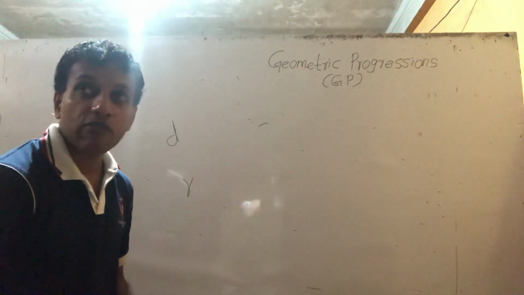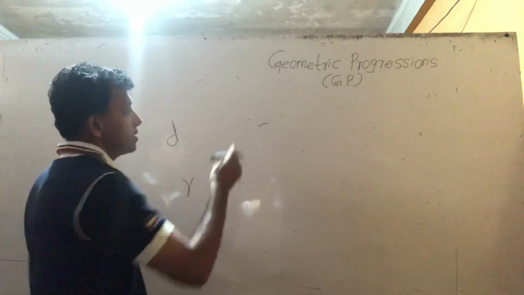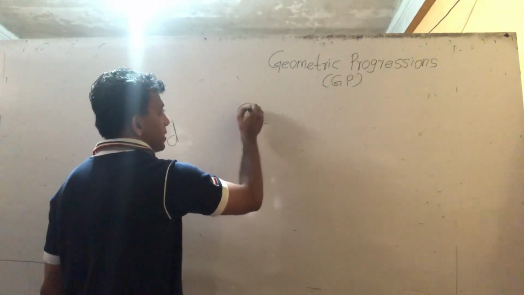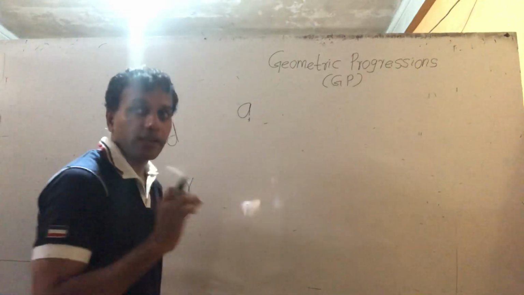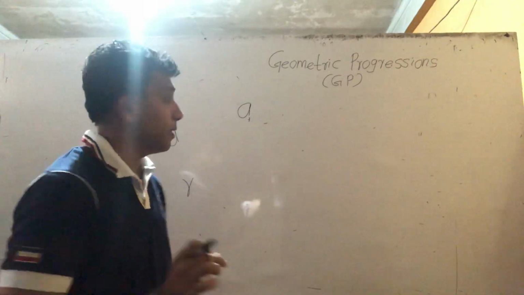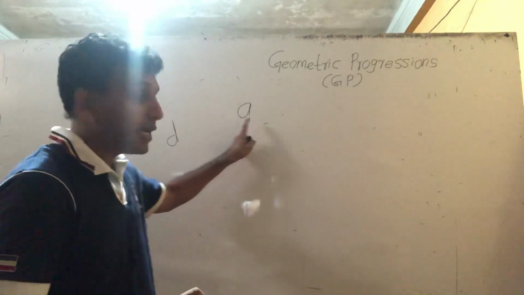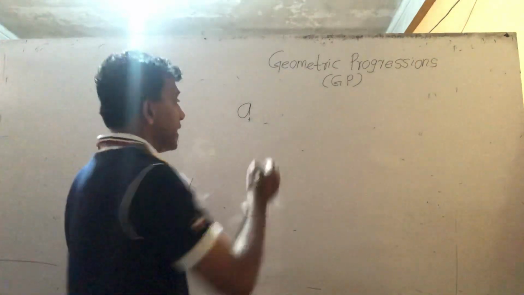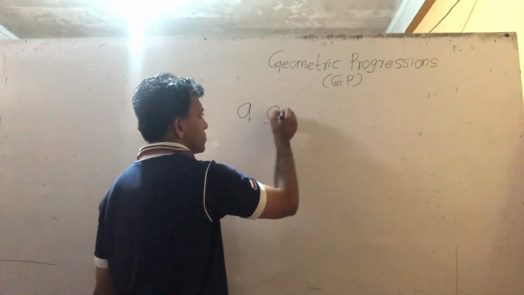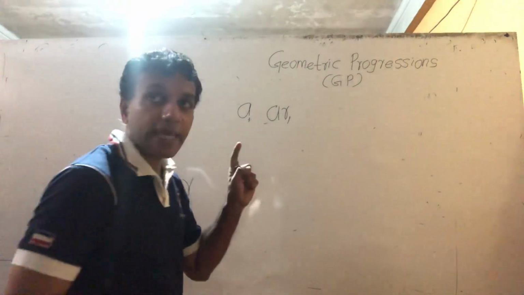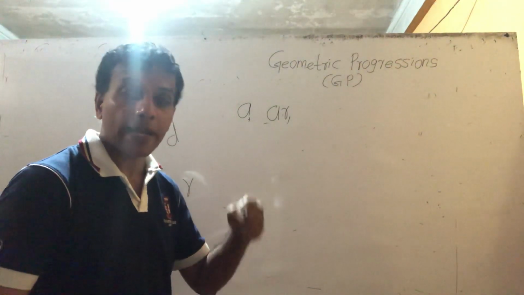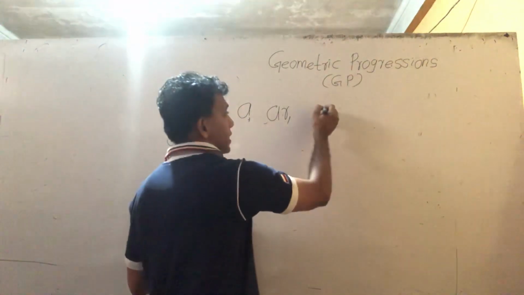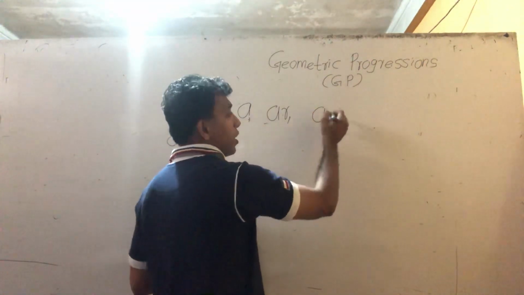See what the general form of a GP is. Consider a, the first term, a. This a multiplied by r is ar. This ar multiplied by another r is ar square.